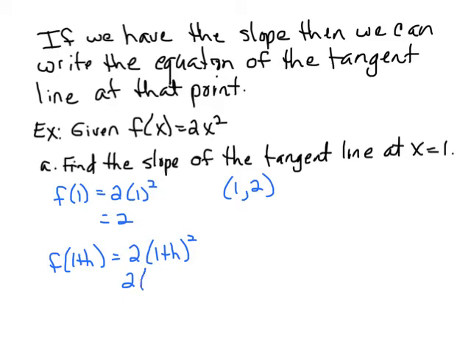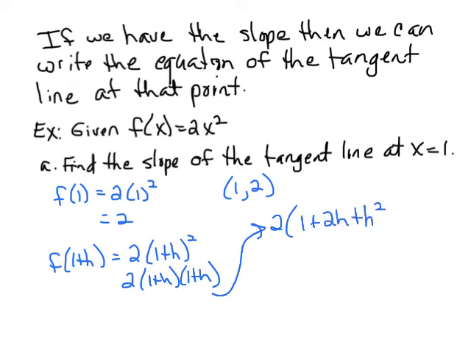So I get 2 times 1 plus h times 1 plus h, and I'm going to move that up here. I get 2 times 1 plus 2h plus h squared, and then finally distributing the 2, I get 2 plus 4h plus 2h squared. That's what I get when I multiply out f of 1 plus h.